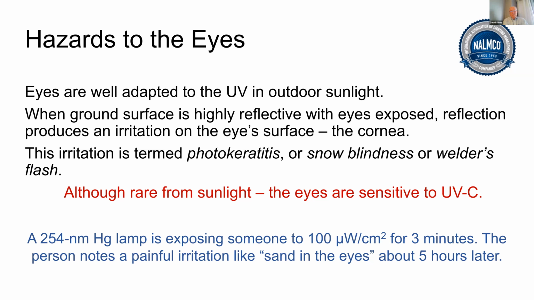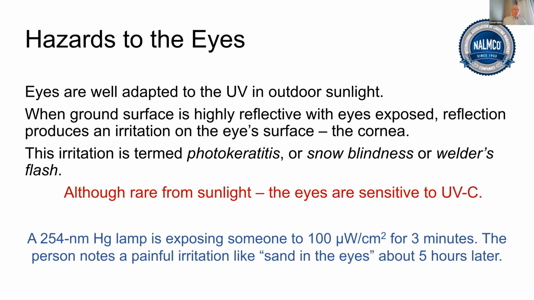And of course, we've already stated that the cells of the surface of the skin and the eye have a very short lifetime, and they're constantly being sloughed off in order to protect the deeper, more important layers that are responsible for germinating new cells.